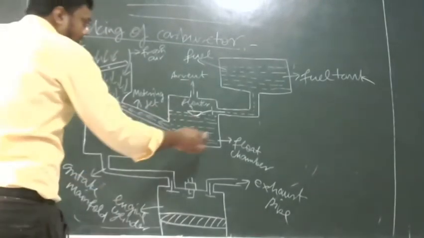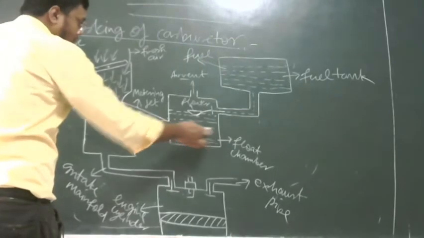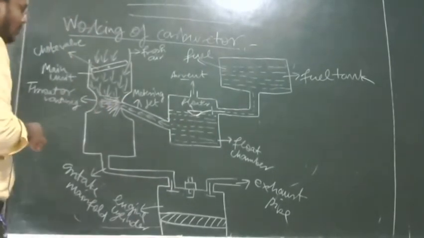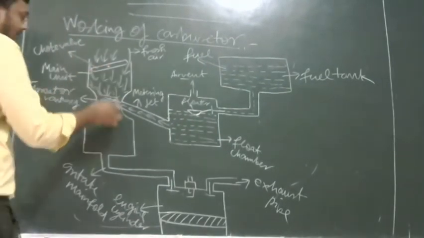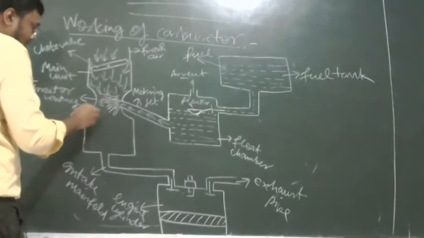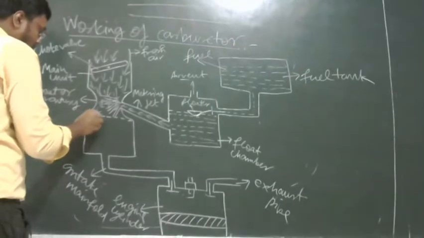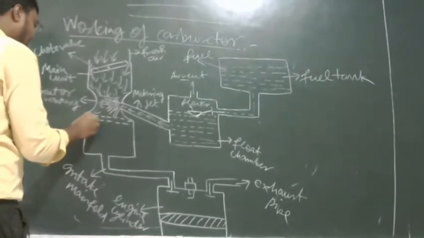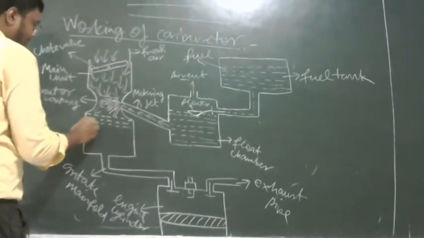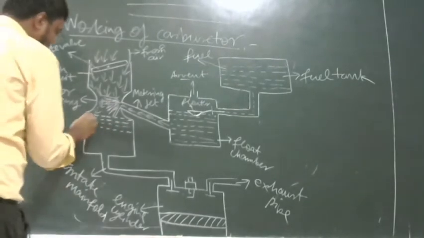So now when fuel flows from the float chamber to the main unit, here air is present and fuel is present. Just below the Venturi there is a mixing chamber. This is the mixing chamber.